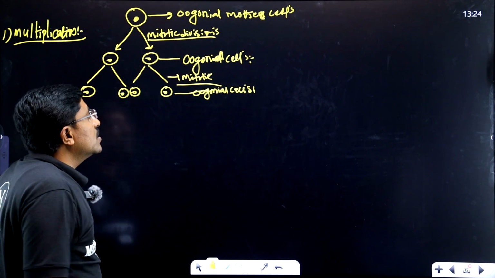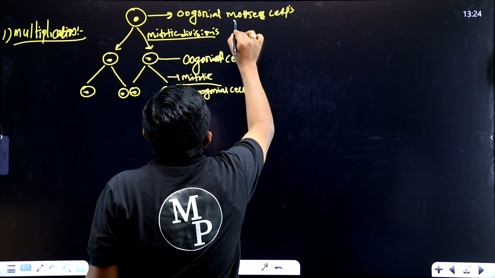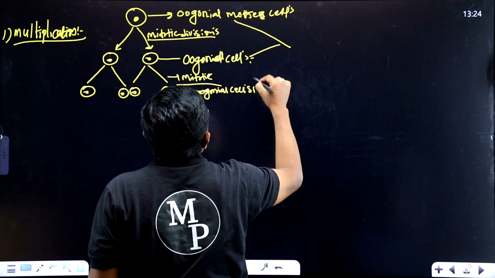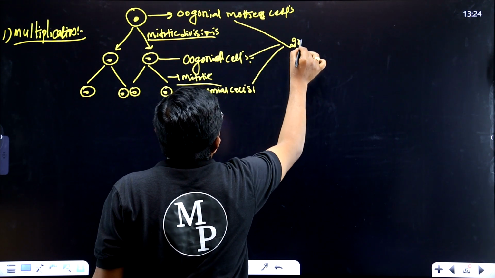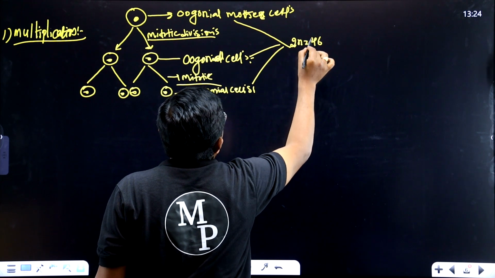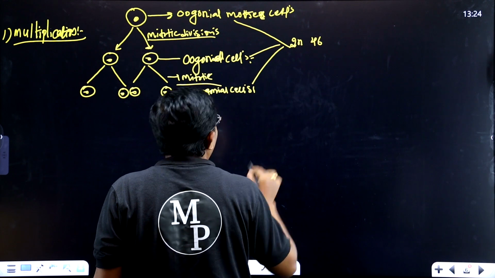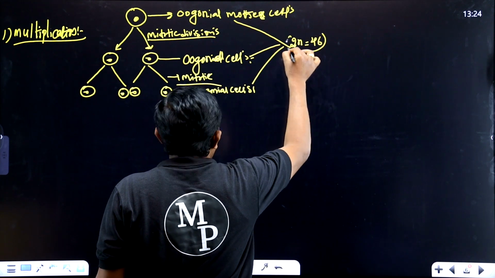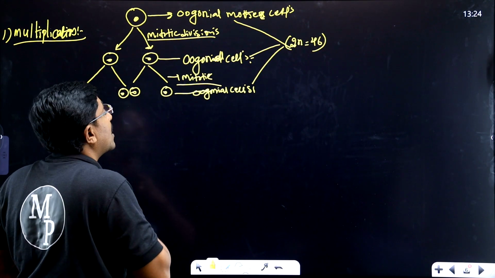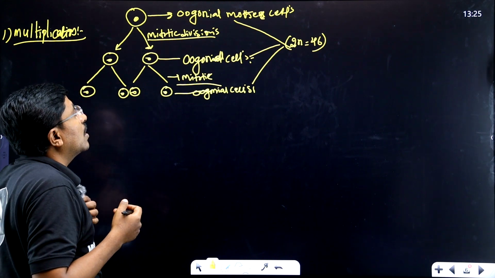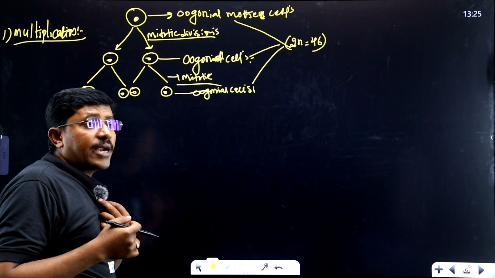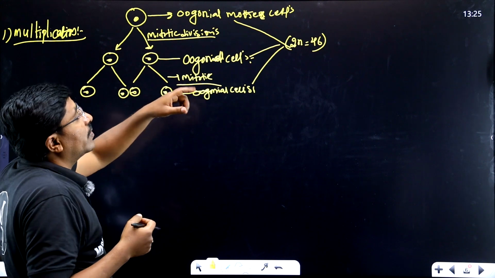These oogonial mother cells and oogonial cells are all present in the diploid state, which means 46 chromosomes.